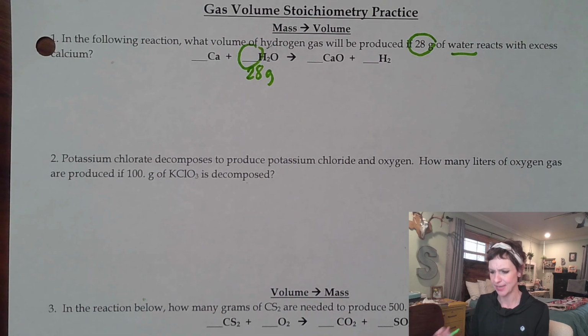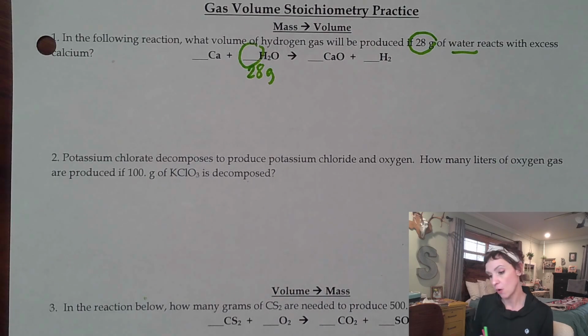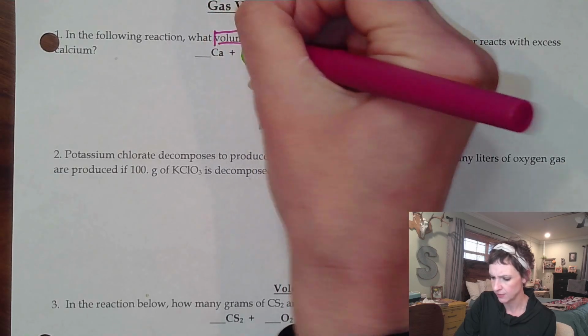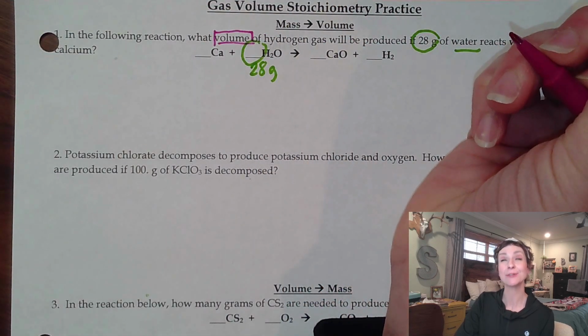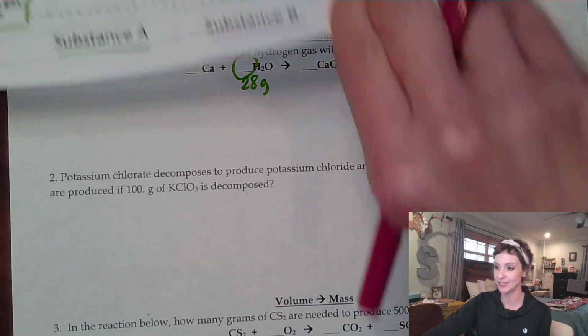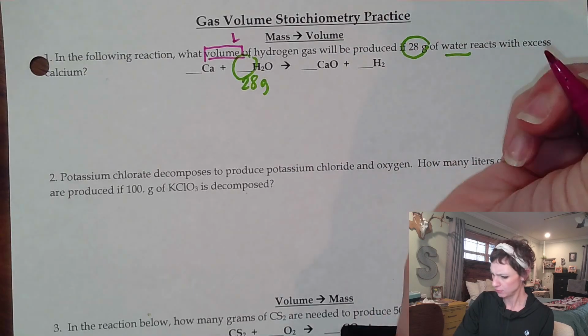So I'm starting at grams. Now, where am I trying to solve for? What volume? What are the units for volume? Liters. So if you get confused and they say volume, we're just going to liters. So we're ending right here at liters of a gas at STP. Of who? What kind of gas?